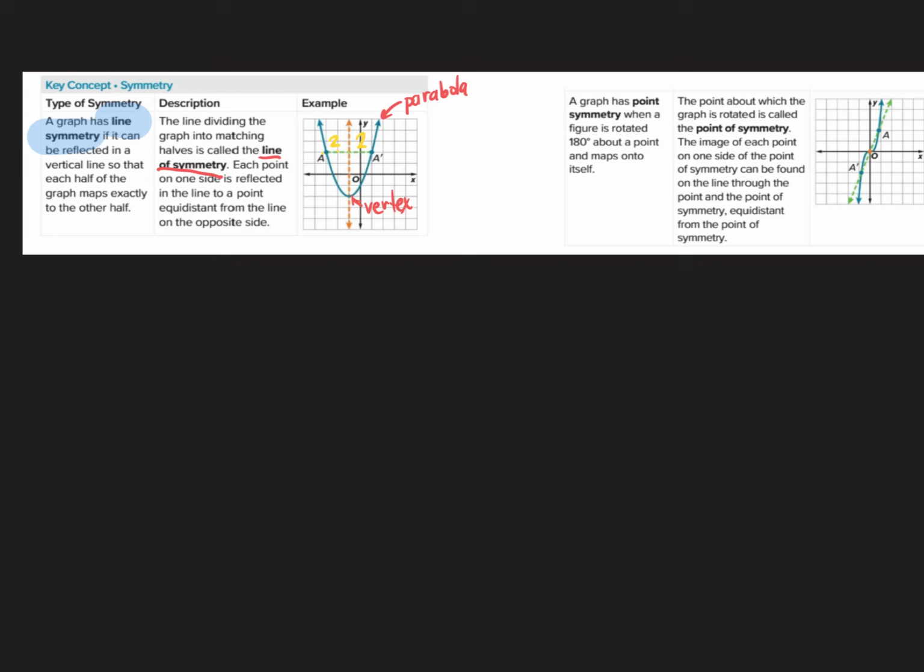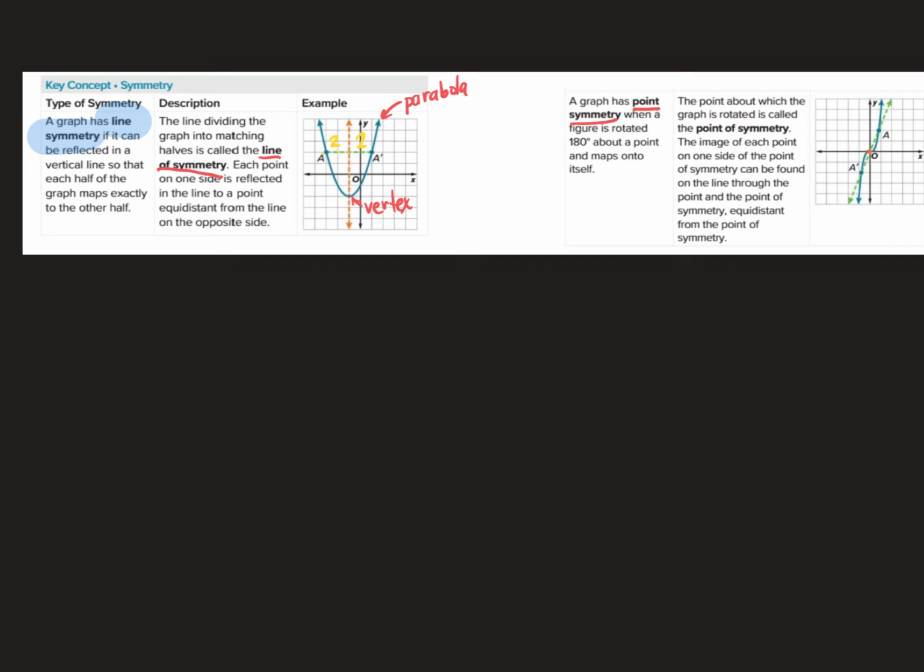And now for the other type of symmetry. A graph has point symmetry when a figure is rotated 180 degrees about a point and it maps onto itself. That means it would land on itself. Looking at this cubic function, that blue curve, if you rotate that graph 180 degrees, it would map onto itself.